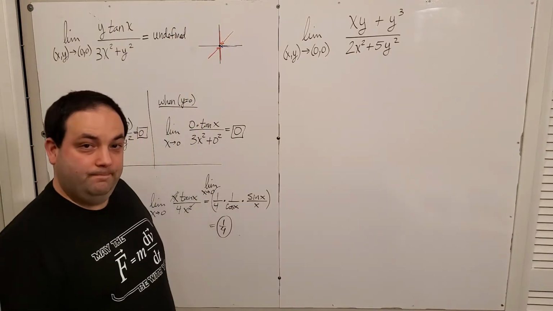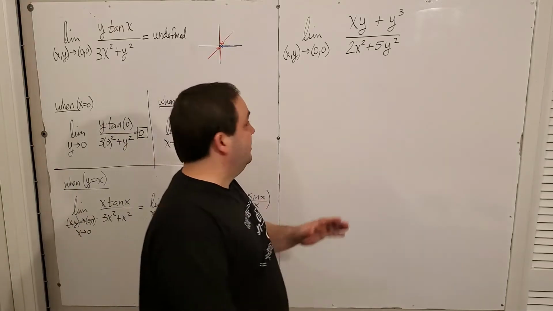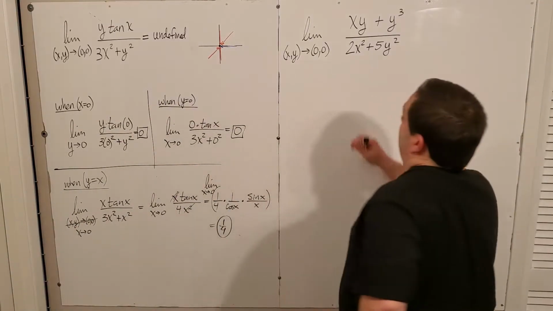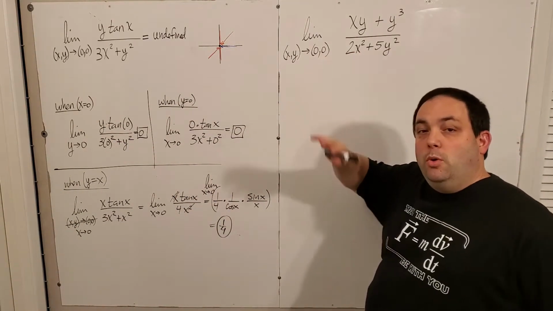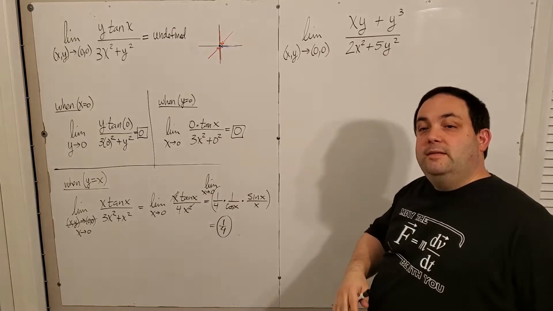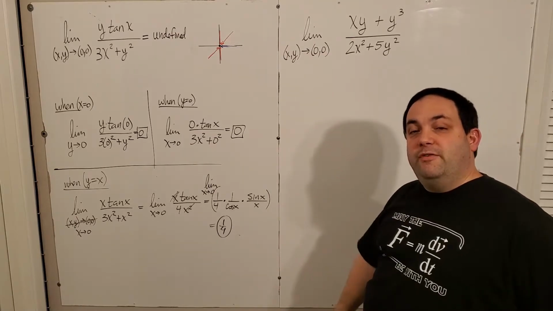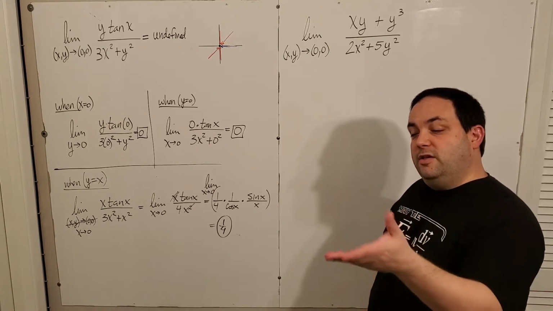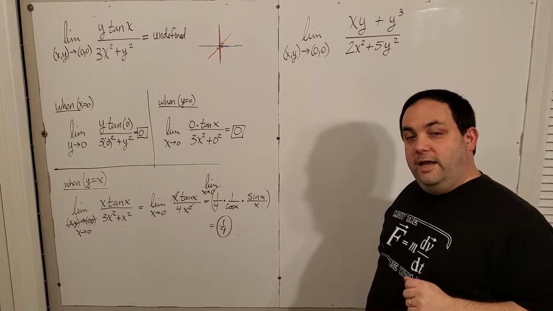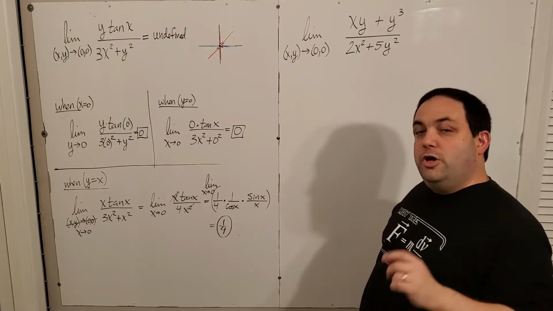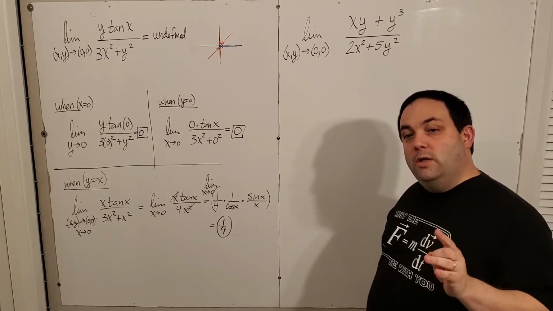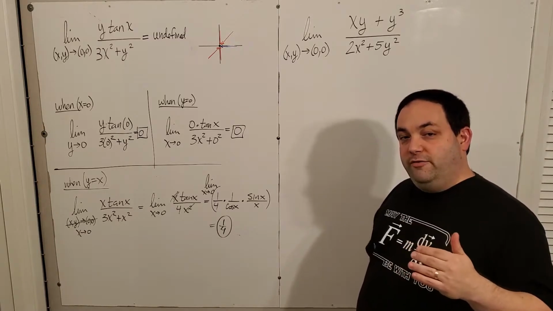Okay? So let's look at this next example here. Same idea. I'm going to prove that this limit doesn't exist by approaching it from different directions. But there's a little trick that I have, a little method that I have here, where you can do many directions all at once. You just have to know what you're looking for.